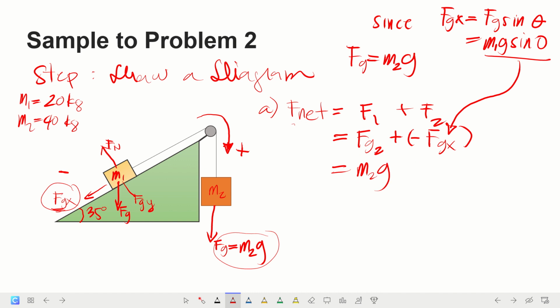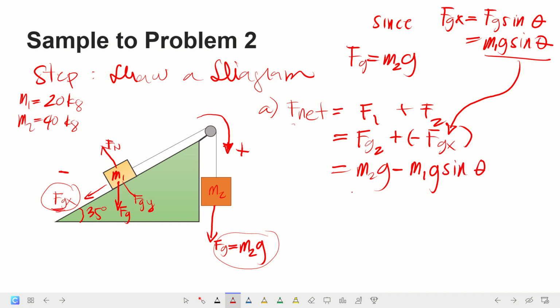Therefore, we need to solve for the value of the weight, or the force due to gravity. Since this is negative, instead of plus, we subtract. And we plug in m1g sine theta, mass 1 times acceleration due to gravity sine theta.